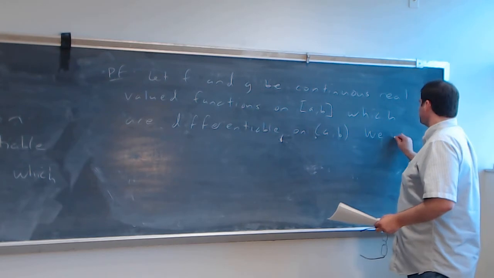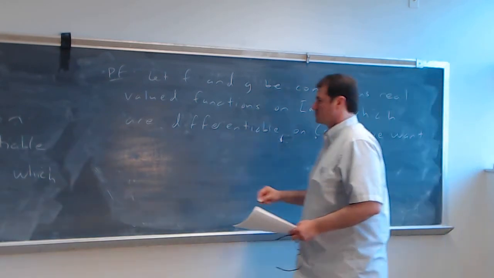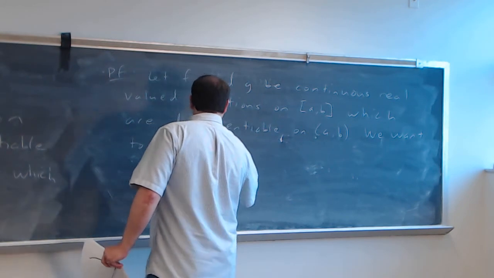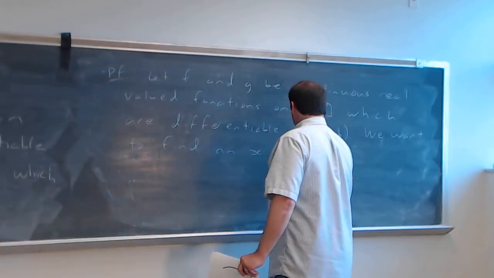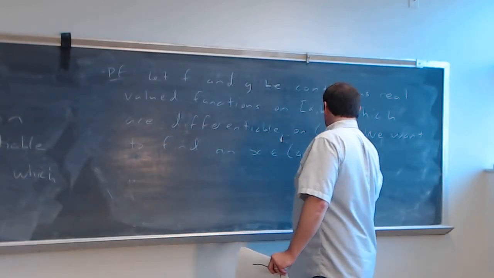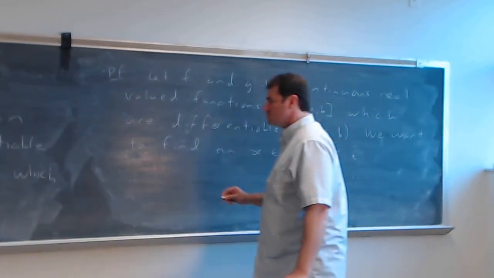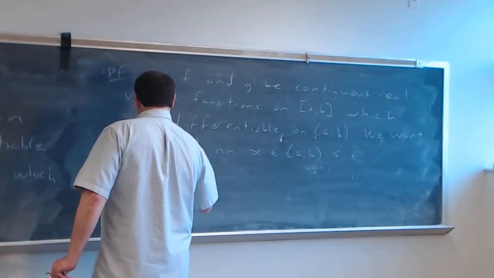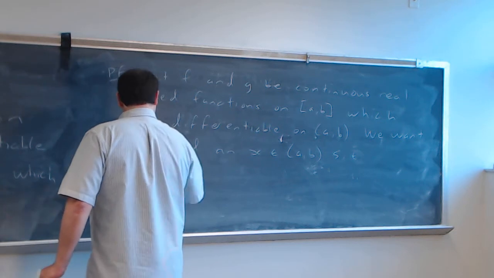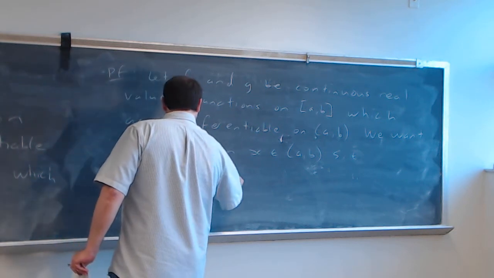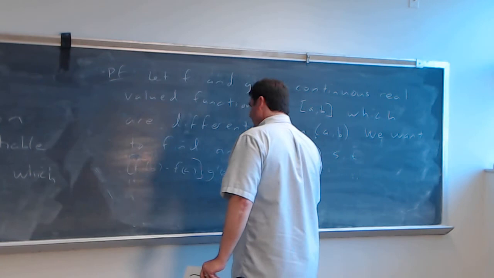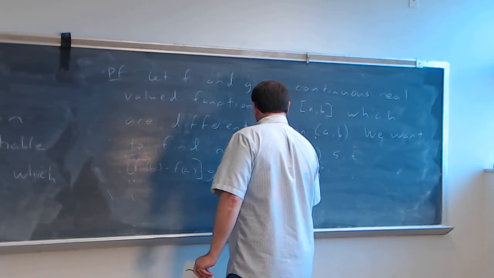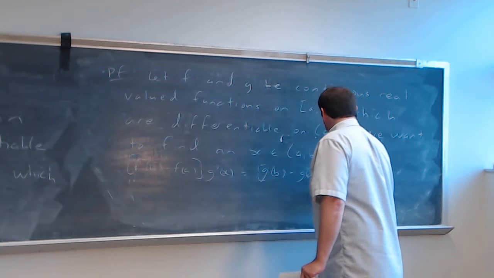We want to find an x in the open interval from a to b such that f of b minus f of a times g prime of x will be equal to g of b minus g of a times f prime of x.